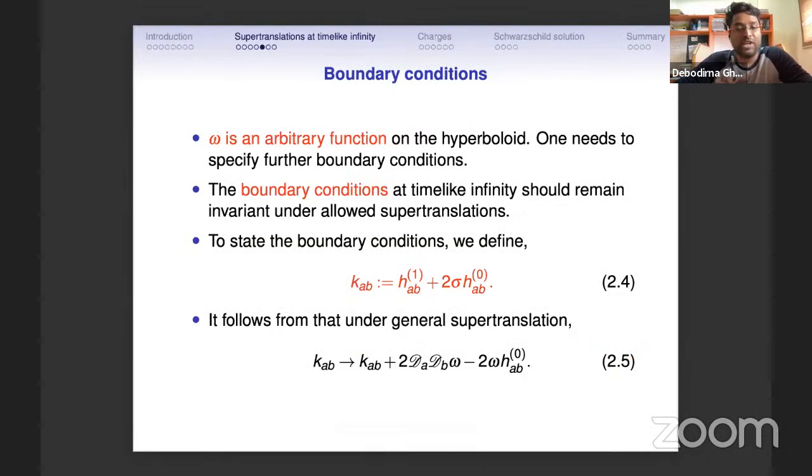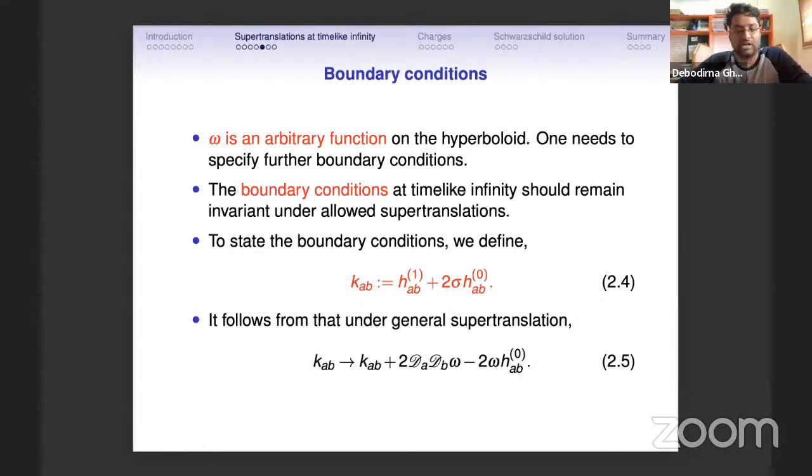Now, omega is an arbitrary function on the hyperboloid. It is a function of the rho, theta, phi coordinates, so one needs to specify boundary conditions. The boundary conditions at timelike infinity should remain invariant under the allowed supertranslations.